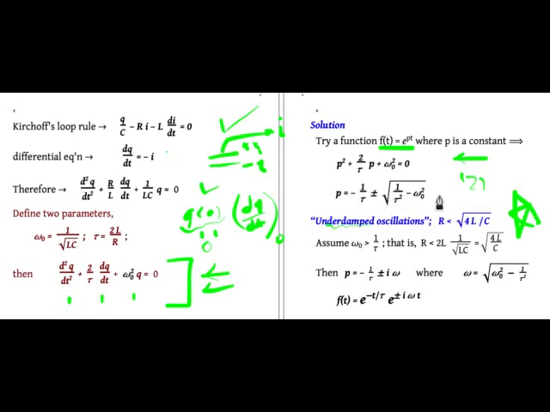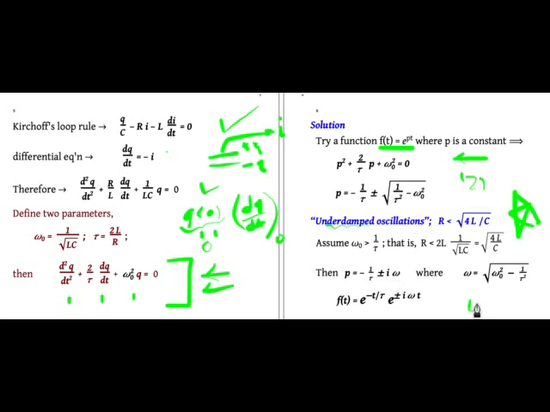Now something funny happens here. Because if omega 0 is greater than 1 over tau, then I have the square root of a negative number. Square root of a negative number is an imaginary number. So P will be minus 1 over tau plus or minus I omega, where I is the square root of minus 1.